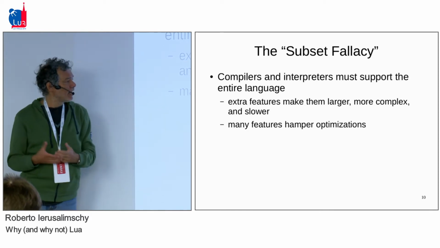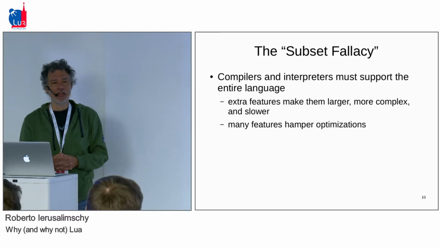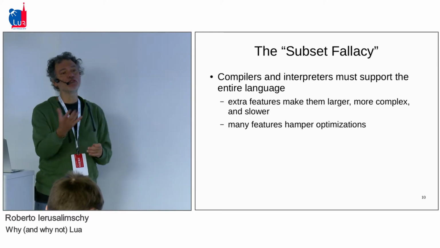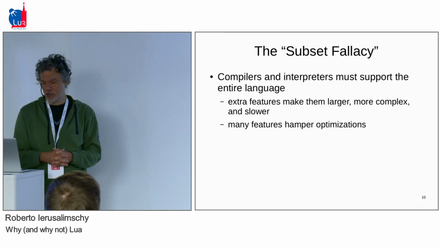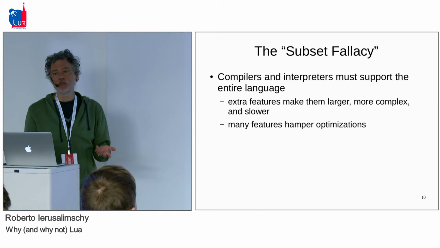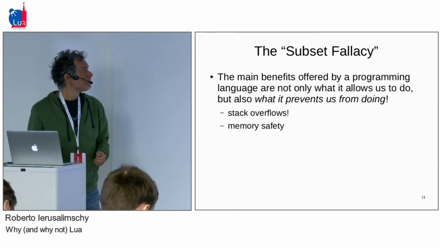And many features hamper optimization. Some features, like exception handling in several languages, even sometimes if you do not use the feature, hamper some kinds of optimizations. So you get slower code even if you don't use the feature, just because the language offers that feature.